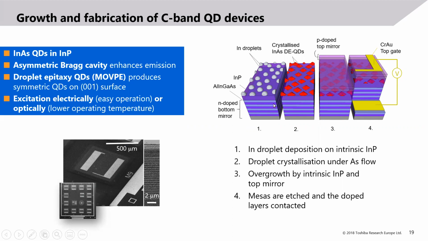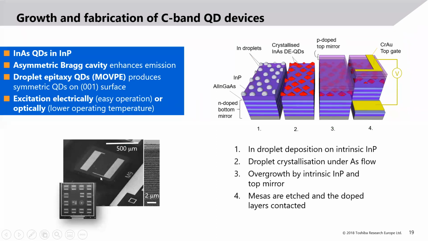So as I said, we have a Bragg mirror. We use droplet epitaxy for our dots. So this means that we deposit indium droplets on our indium phosphide surface. These droplets are then crystallized in an arsenic atmosphere to form indium arsenide quantum dots. They're overgrown with a p-doped top mirror. We can then etch mesas and gate this to apply voltage if we want, and also use electrical injection for our diodes.